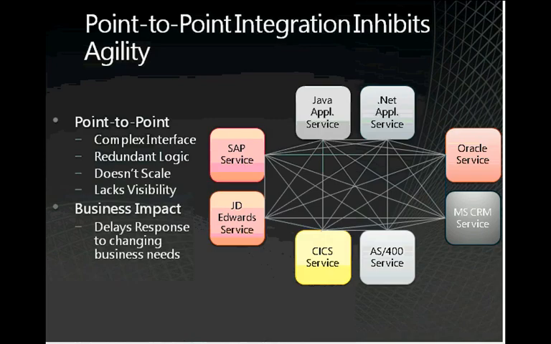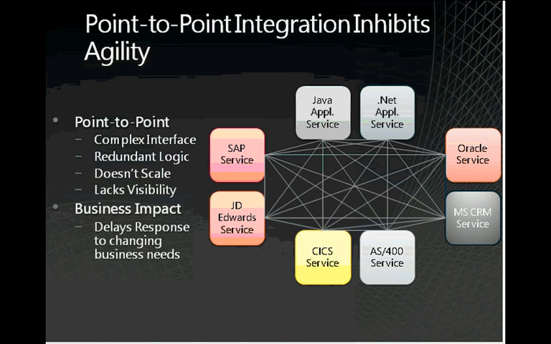What you see in integration between applications is that the applications are built point-to-point, and over time these interfaces become more and more complex because each system can have a large number of connections. So you get redundant logic, it doesn't scale very well, and it lacks visibility, so you easily get spaghetti.